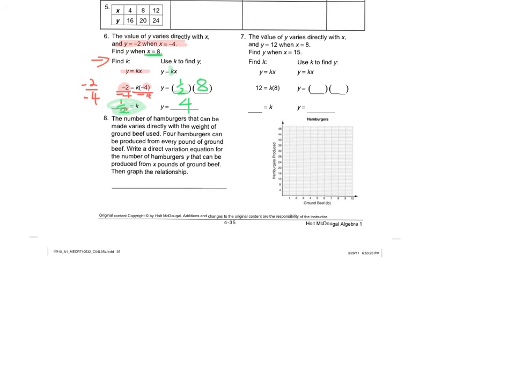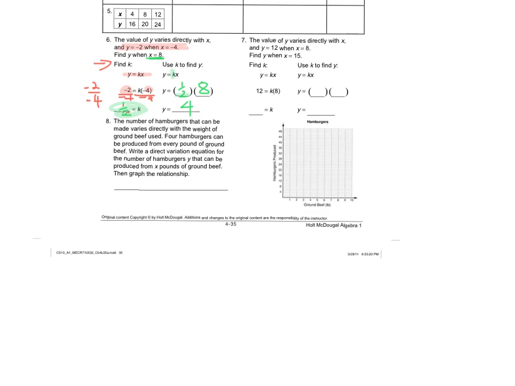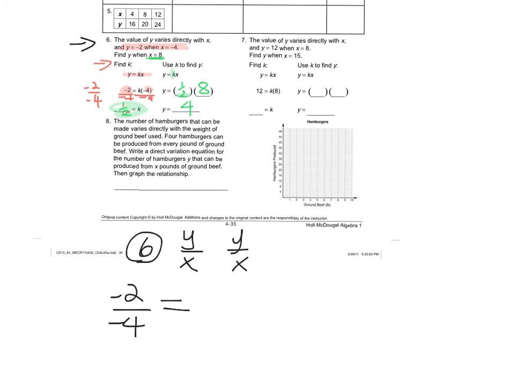On this same problem, if you did method 2 on the quiz, again, I'm not going to ask you to demonstrate either or. You can choose. If you're going to do method 2 for number 6, which is the proportion, remember you'll set it up as y over x, y over x. So the first y and x you read, the -2 and the -4, go in the first fraction.